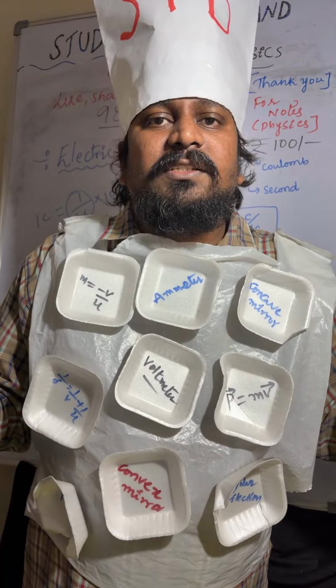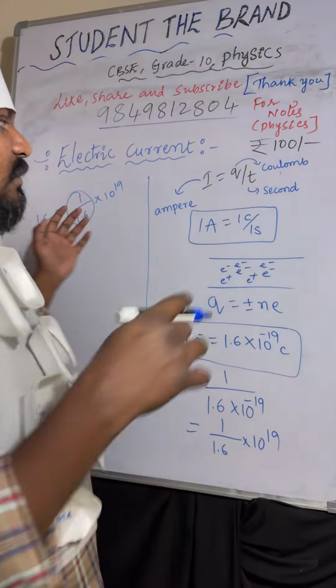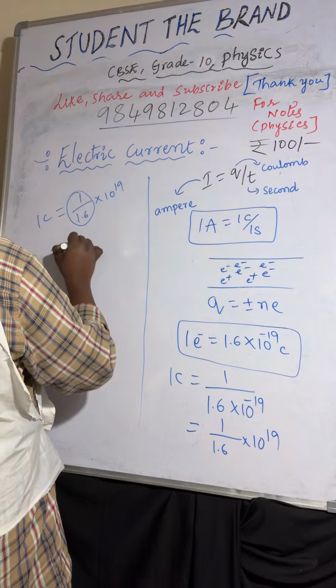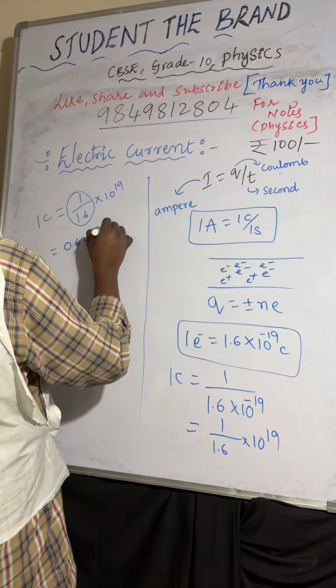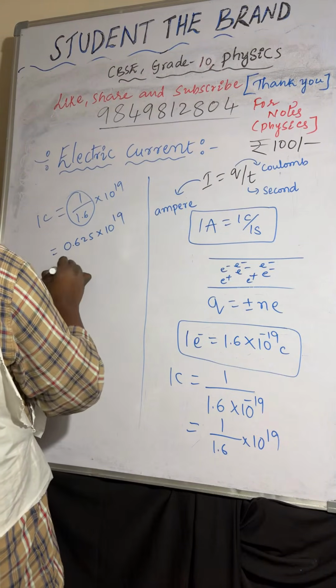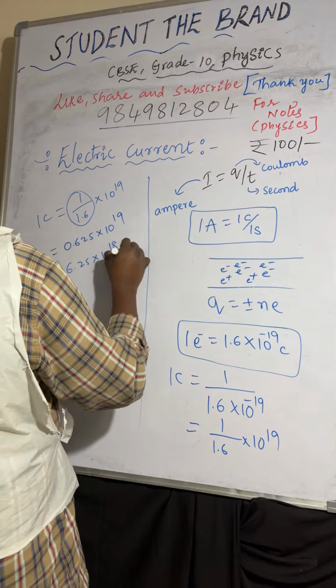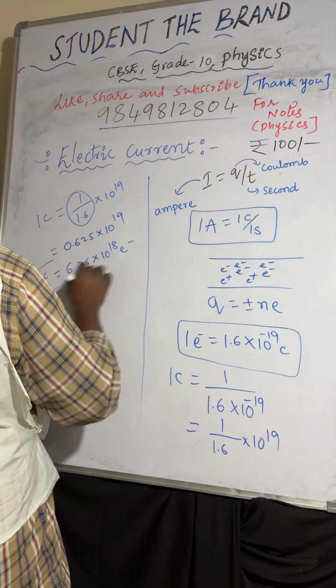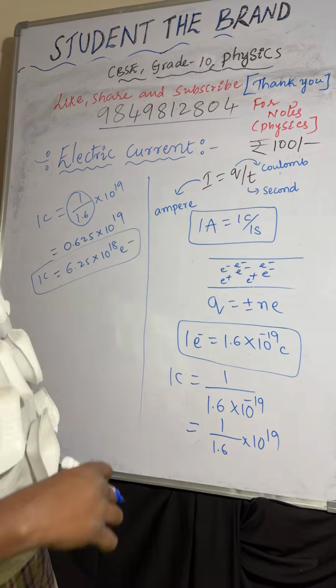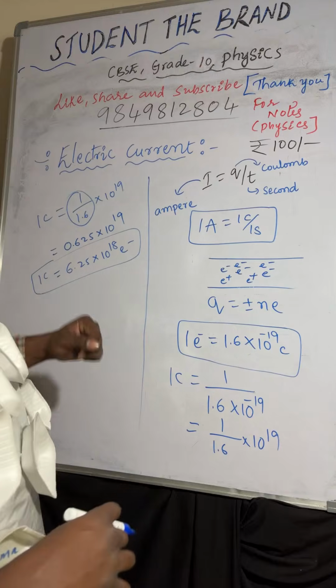Then you are removing 1 zero, so 0.625 into 10 power 19 becomes 6.25 into 10 power 18 electrons. In 1 coulomb, 6.25 into 10 power 18 electrons are present.